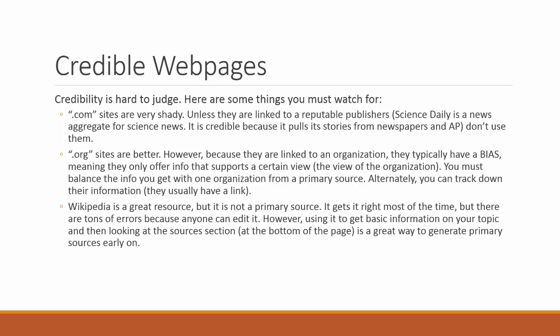So if you go to the NAACP and start pulling a lot of research from that site, let's say about the Ferguson incident, you're going to get a whole lot of information about Ferguson that supports the views of the NAACP. So you have to balance what you get from one organization with another organization.